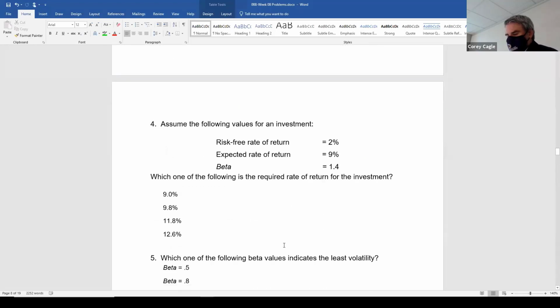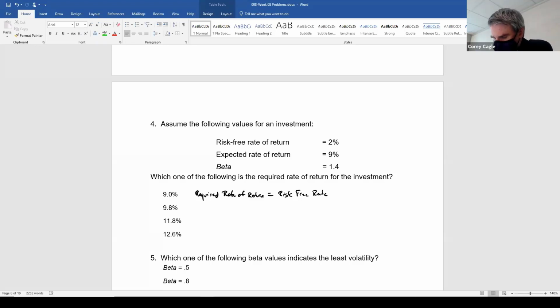Number 4, this is one that requires us to know the formula. We start with the risk-free rate, and we add a little premium to it.